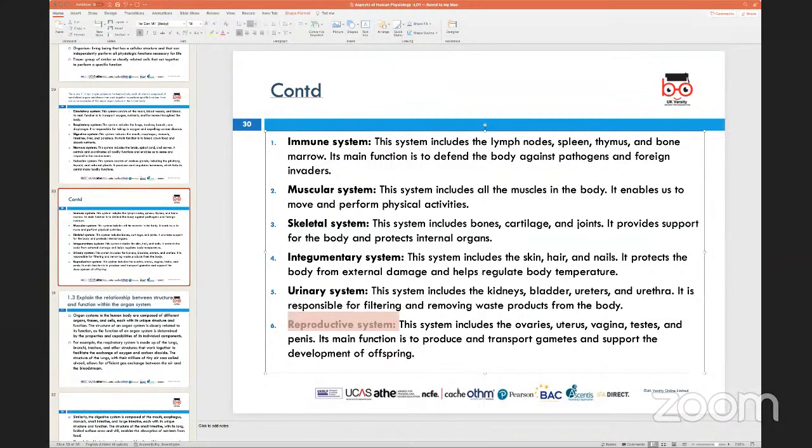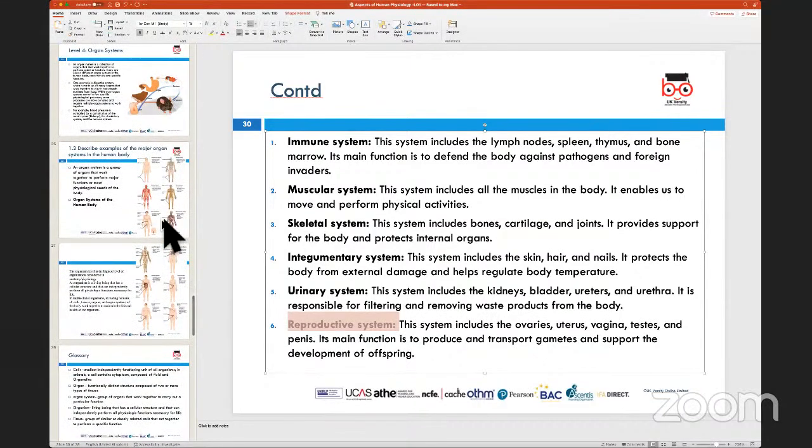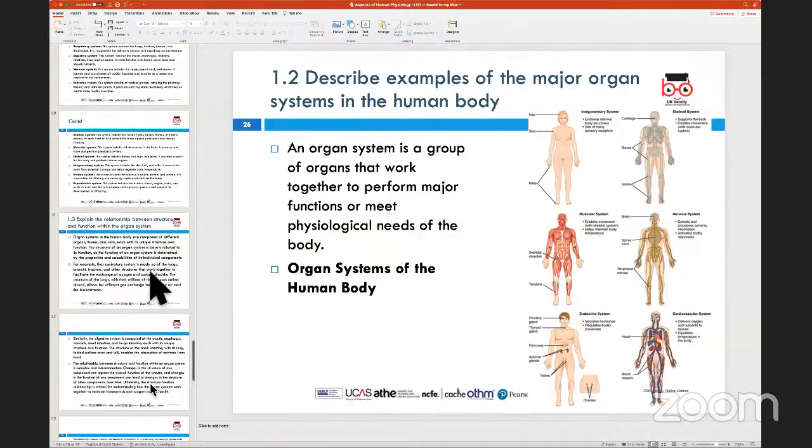The thyroid is a gland, and it influences the metabolic rate at which your body burns food, which is stored fats and sugars, and that produces energy. So that could be another example, and that would do justice to this particular task, which talks about describing with examples major organ systems in the human body.